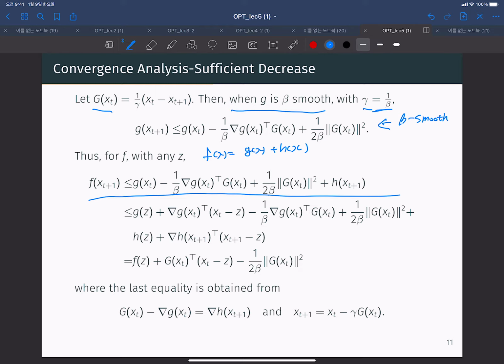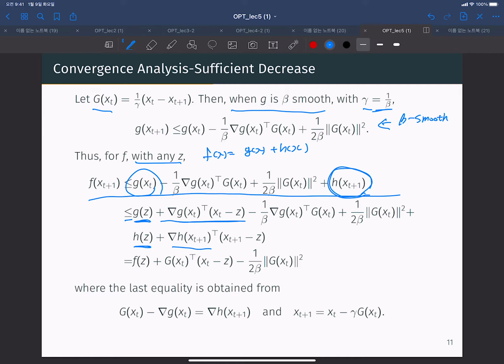And from the convexity of functions g and h, we have this second inequality. So g(x_t) is upper bounded by, for any z in your input domain, g(z) plus gradient of g(x_t) transpose (x_t minus z), and h(x_{t+1}) is upper bounded by h(z) plus gradient of h(x_{t+1}) transpose (x_{t+1} minus z), if both g and h are differentiable.